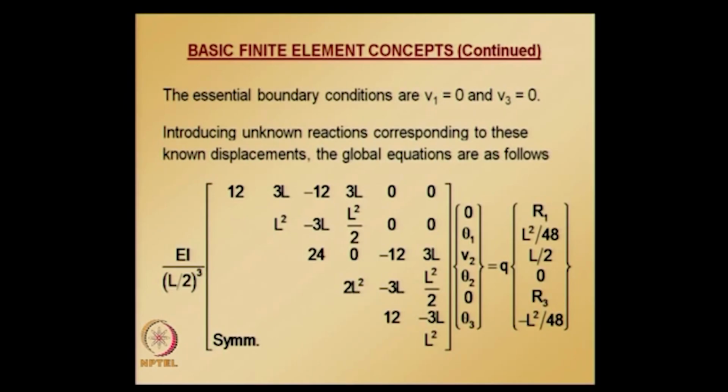And to solve this equation system, we can eliminate the rows and columns corresponding to the degrees of freedom whose value is 0. So, we get the reduced equation system, which we can solve for theta 1, V2, theta 2 and theta 3.